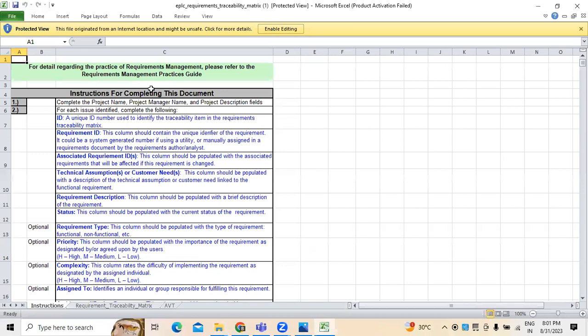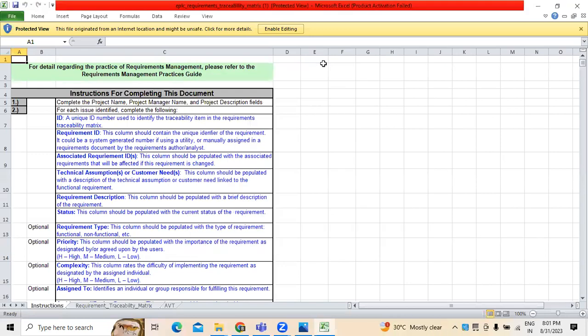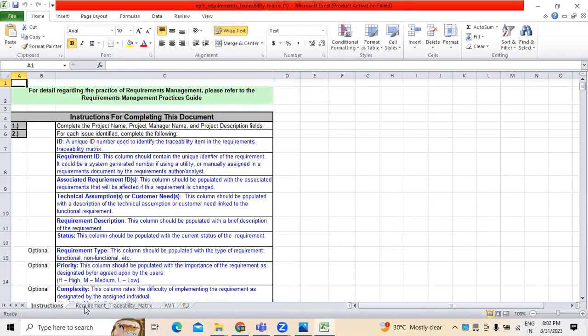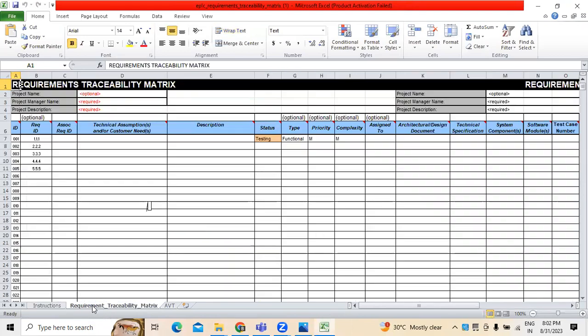But normally we don't do all this manually on Excel. Whatever the testing team prepares, they will connect it to application lifecycle management tools, because different ALM tools are used in organizations. So normally these Excel sheets and everything will be connected over there.